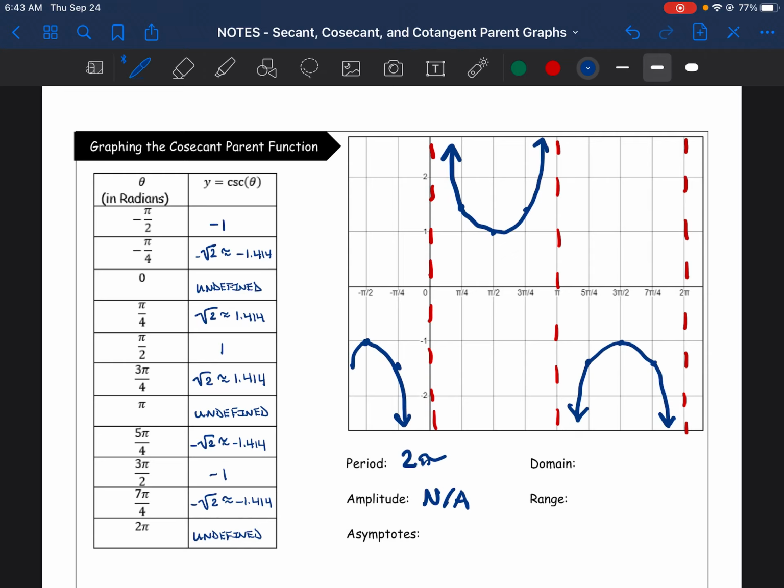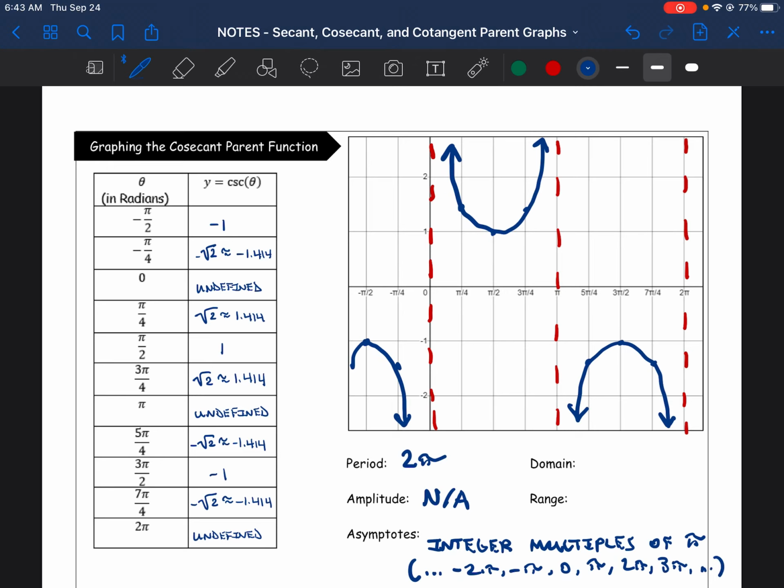And the asymptotes, as we just noted a moment ago, look like they're occurring at every integer multiple of pi. So I'm going to call this integer multiples of pi. Again, that would be like negative 2 pi, negative pi, 0, pi, 2 pi, 3 pi, and onward.